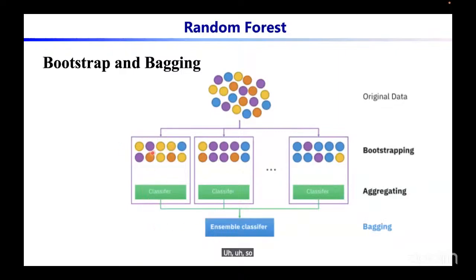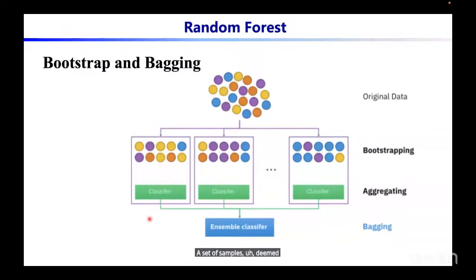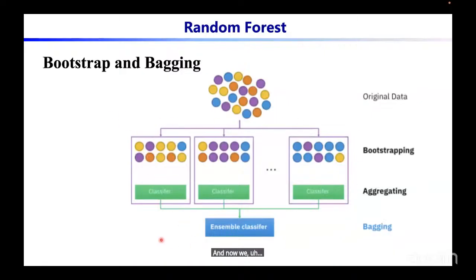So if the first model trained by the first set of samples deemed the new sample as positive, and if the second and third, the majority of them agree with each other to deem the new sample as positive, then the consensus model makes the collective decision to deem the new sample as positive. So this is the strategy.